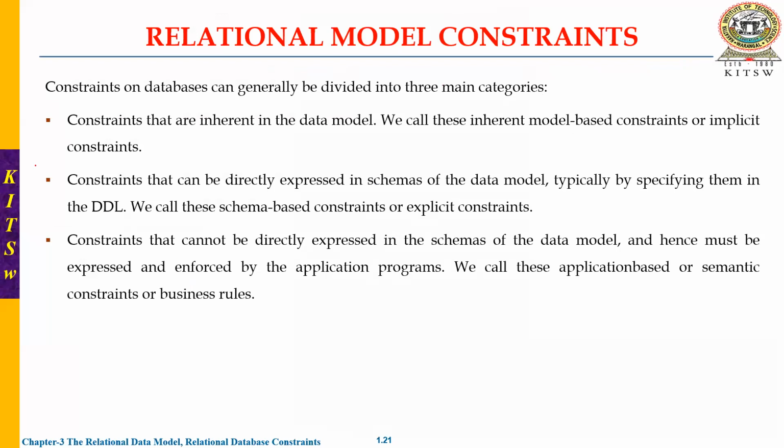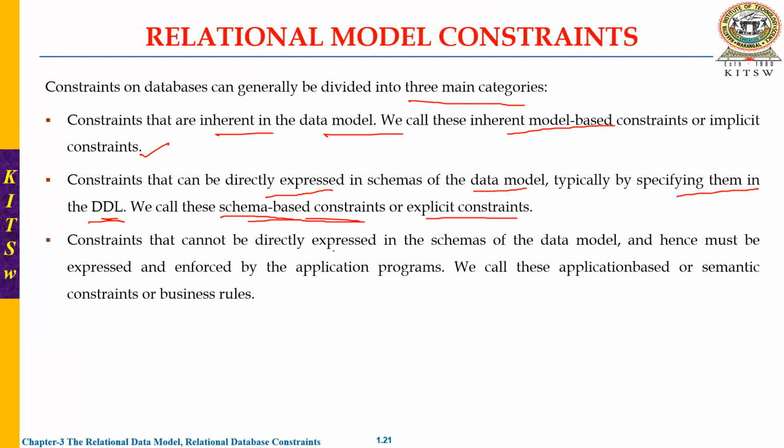So, relational model constraints. Relational model constraints can be divided into three main categories. Constraints that are inherent to the data model, we call inherent data model constraints, or implicit constraints. Constraints that can be directly expressed in the schema of the data model, typically by specifying them in the DDL, we call schema-based constraints or explicit constraints.